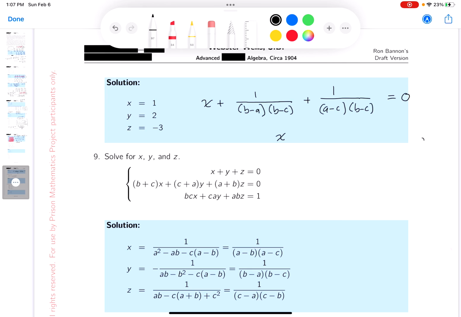and I'm going to put a common denominator. This is equal to 0. And let me see if I can do that. So I'm going to say a minus c, b minus c. Seeing that there and there. And let me see. I see the b minus c, but then I need that b minus a, right?